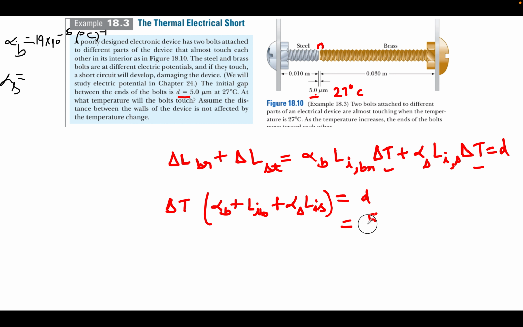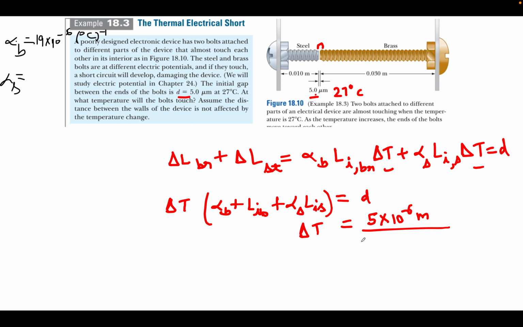So let's put the value of D, 5 micrometer, 10 to the power minus 6 meter, and then put in the values for the change in temperature required to make both of them join and cover a distance of 5 micrometer.